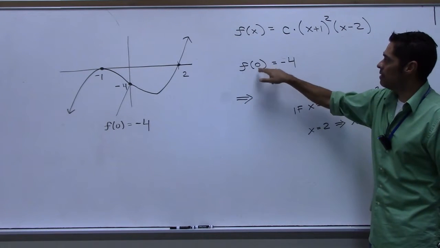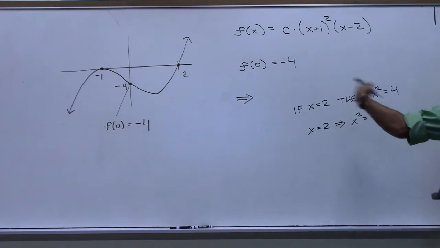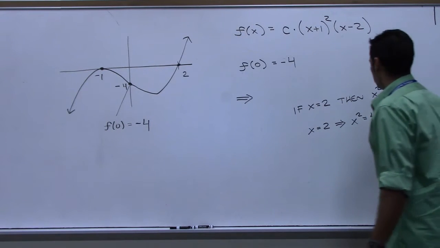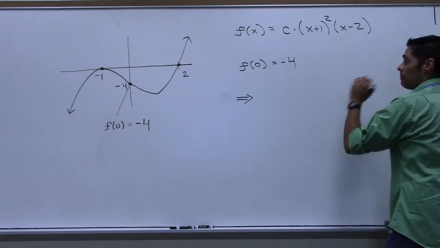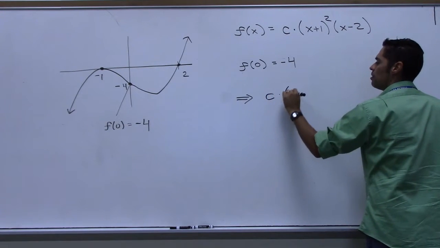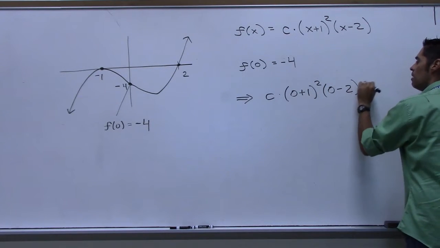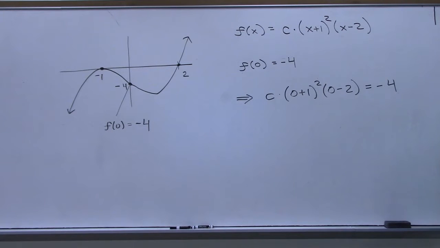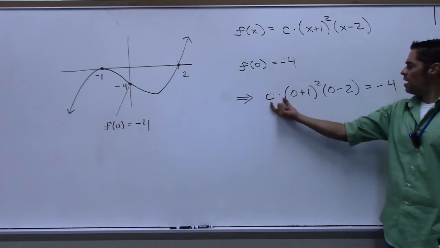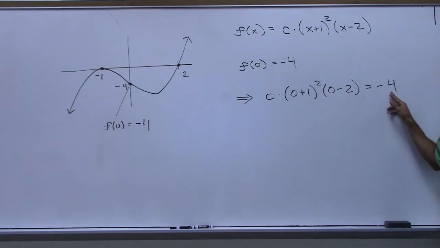If you say that this is equal to this, then that implies that c times 0 plus 1 squared times 0 minus 2 must equal negative 4. Isn't the left side of this right here this, and the right side of this is this?